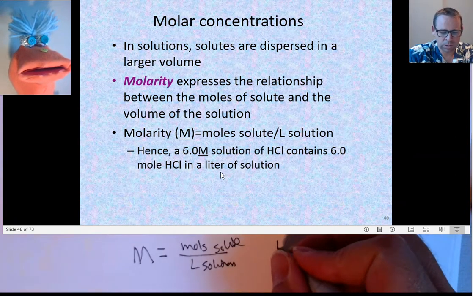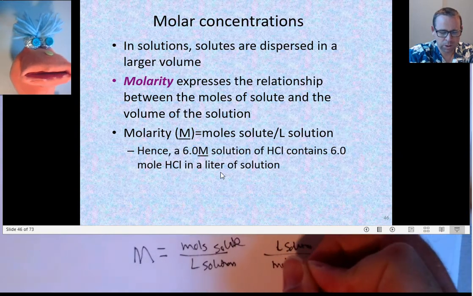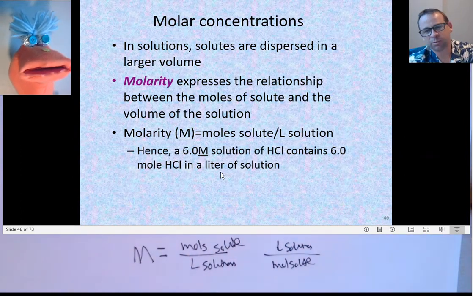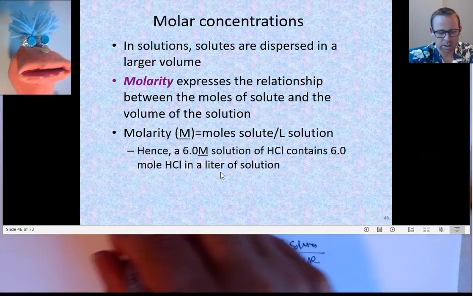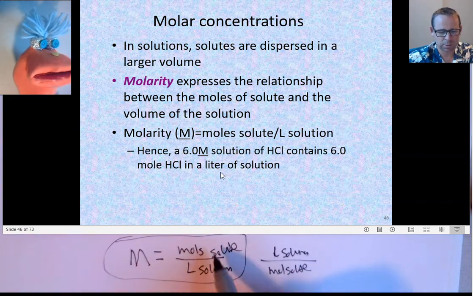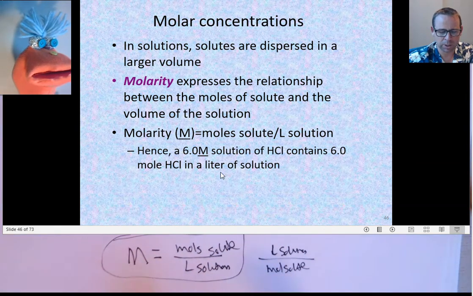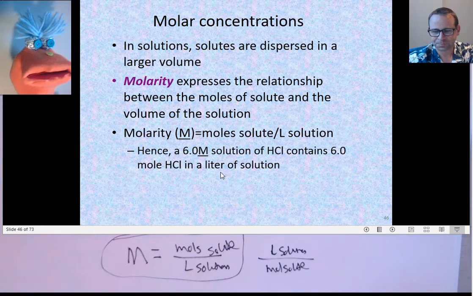This also, liters of solution for every mole of solute, is a very helpful conversion factor as well. It's the same thing, just flipped. Molarity is specifically moles per liter. So if we're solving for molarity, these are the units that we're after. But if we know the molarity, we'll have access to this conversion factor as well.